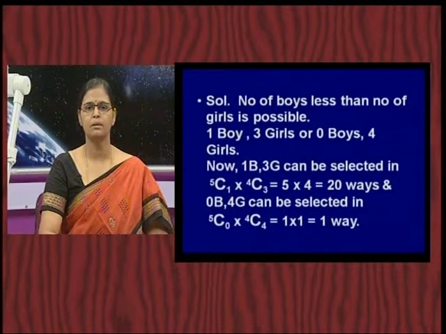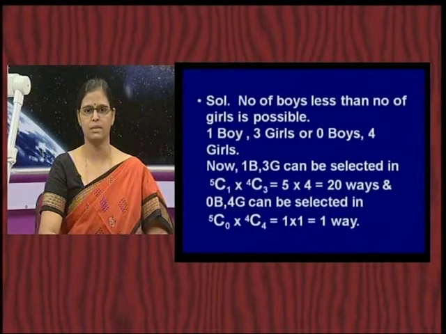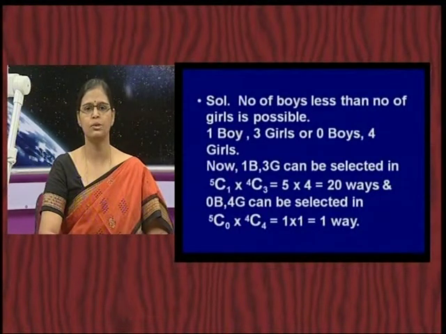Therefore, possible ways for 1 boy 3 girls is going to be 5C1 into 4C3, which is nothing but 5 into 4, 20 ways. And for the combination of 0 boys 4 girls, again 5C0 into 4C4, which is 1.